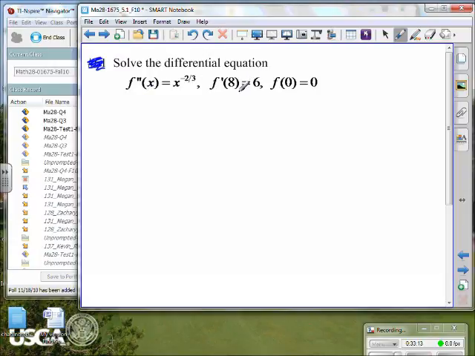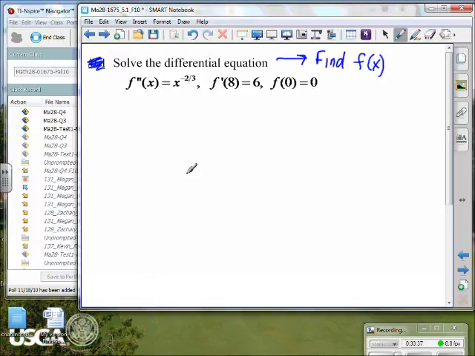This is the first derivative that has some information. I know that when the input's 8, the output is 6, and this now is the function that when the input is 0, the output is also 0. So if I want to solve the differential equation, that's the same thing as saying find f of x. Okay, find f of x.